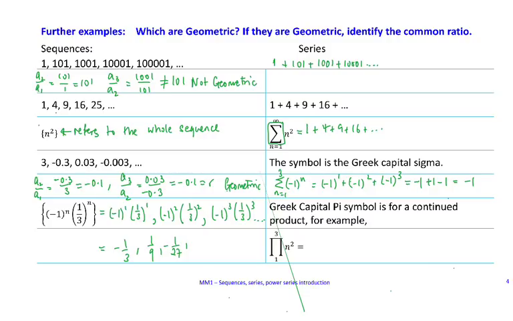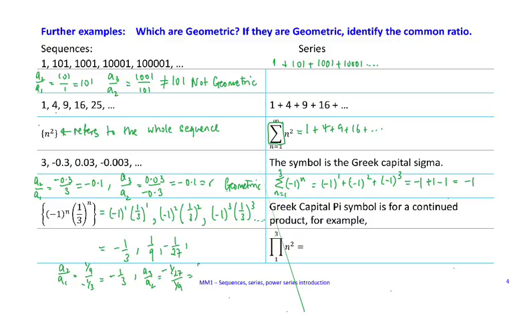Now if I divide this by this, so 1/9 divided by 1/3, we'll have, no, that's negative there. That will be, what? Minus 1/3. Then we'll do A3 divided by A2. Negative 1/27 divided by 1/9.